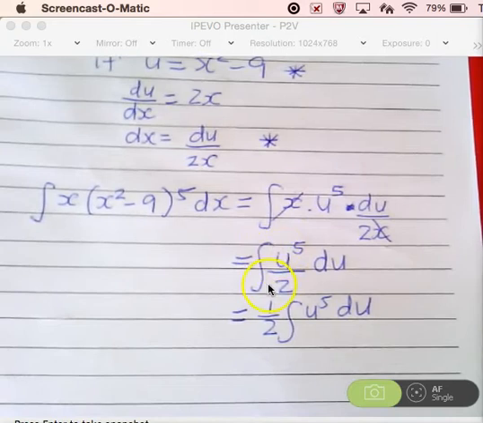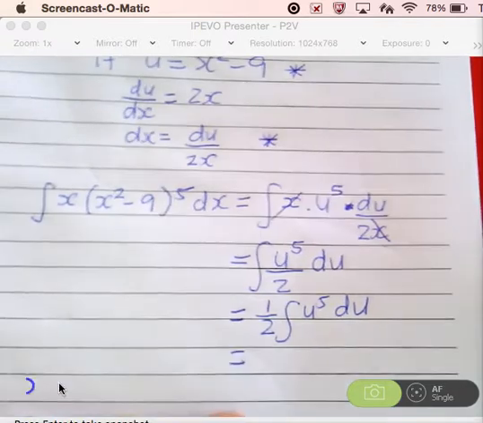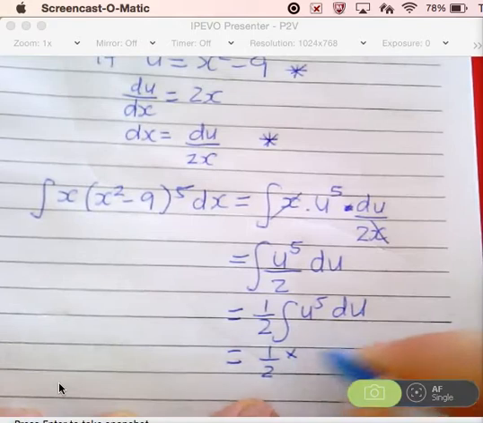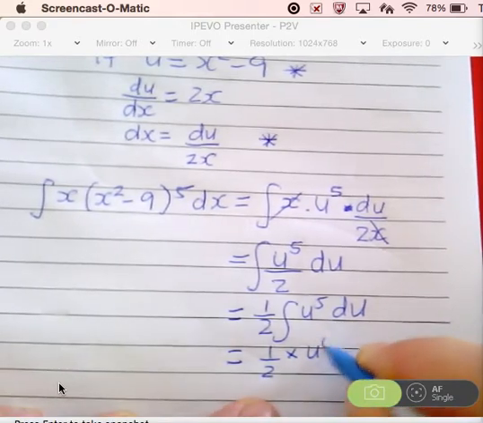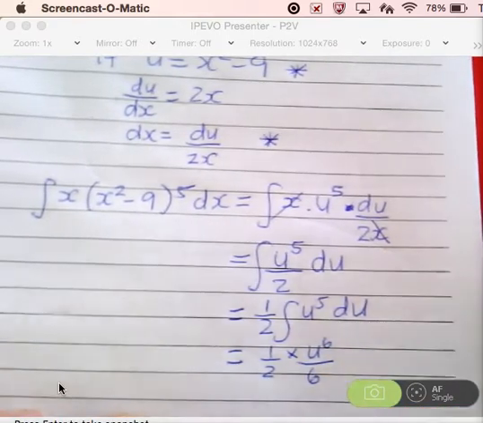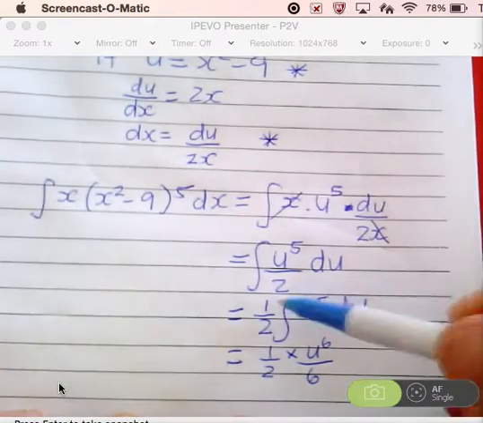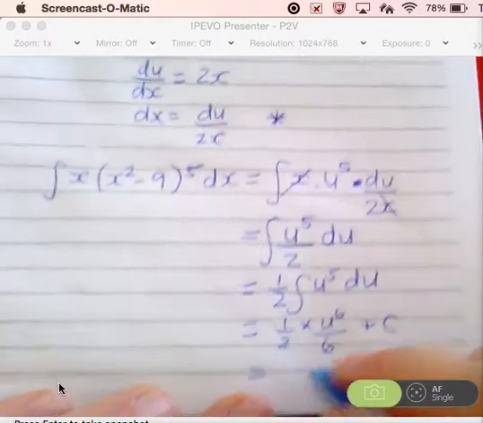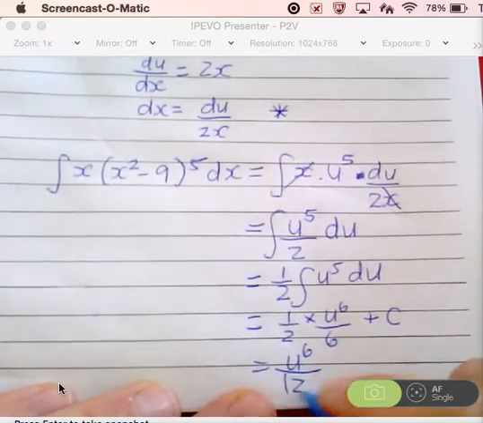That is 1 over 2 that can go out the front. So you've got a half times, what does this become? u to the 6 on 6. No more du. Plus c. Now, simplify this. What have you got? u to the 6 on 12 plus c.